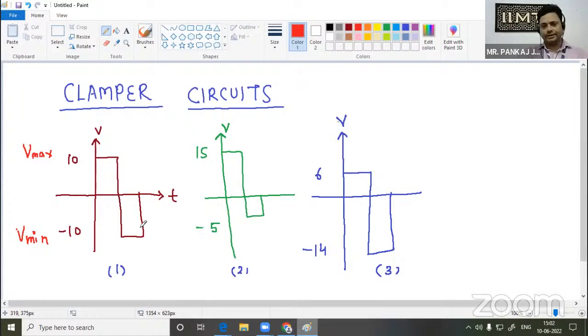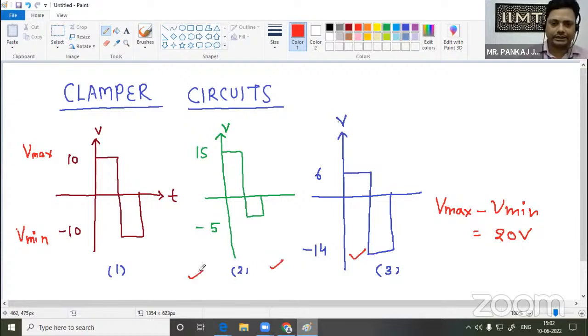In the third waveform, 6 is the maximum and minus 14 is the minimum. The similarity between these three waveforms is that the difference of V max and V minimum is 20 volt in all three cases.